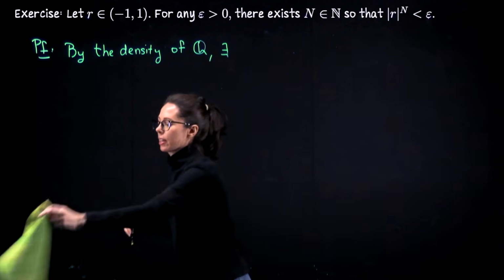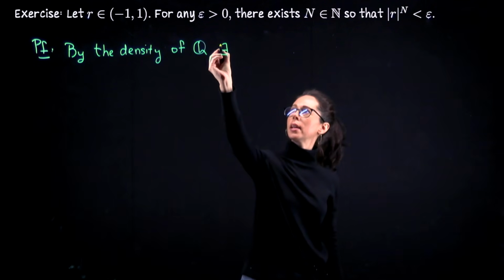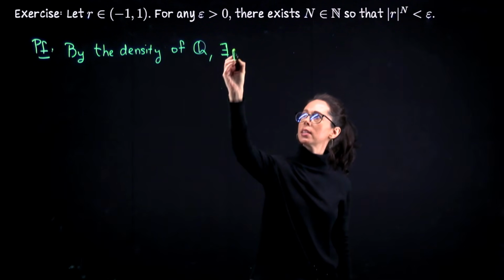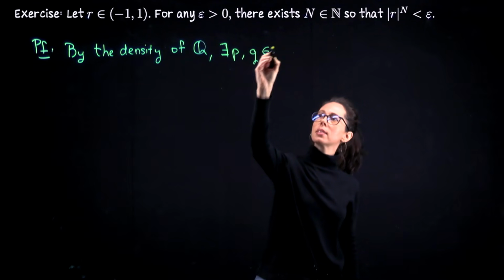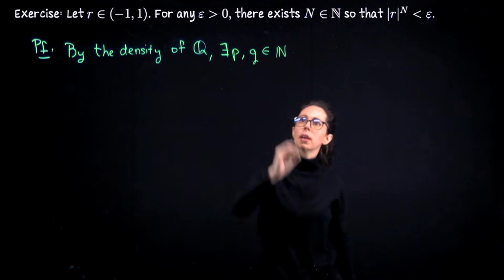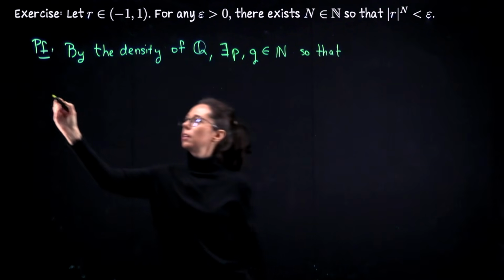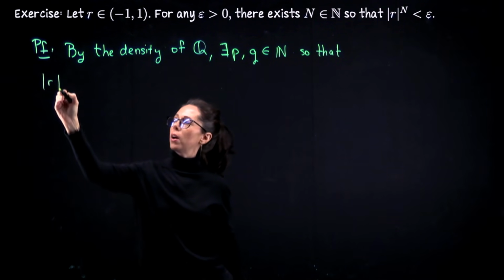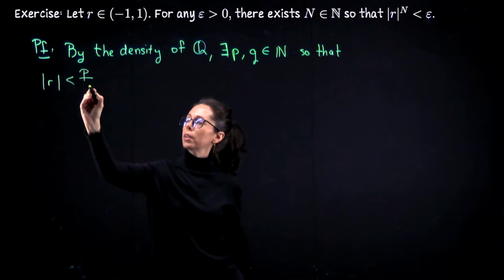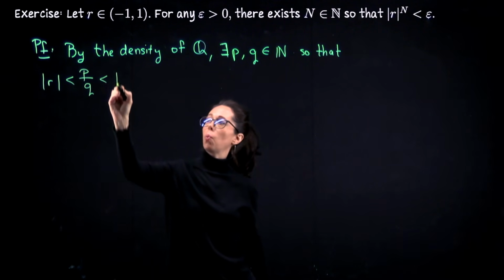Let me actually just go ahead and identify the numerator and denominator of this rational number. So there exist P and Q from the set of natural numbers so that the absolute value of R is less than P over Q is less than 1.